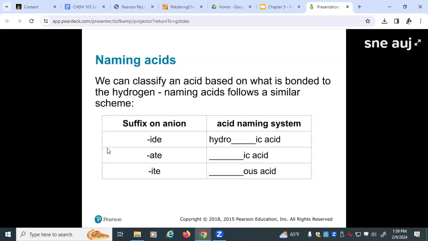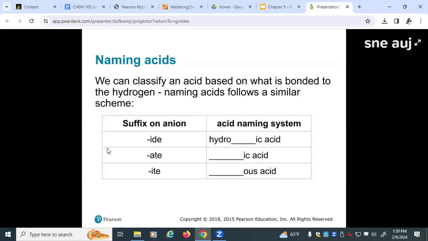And so this is where we want to think about acids, even though they are molecular, as ionic compounds, even though technically they aren't. They kind of exist in that in-between world.